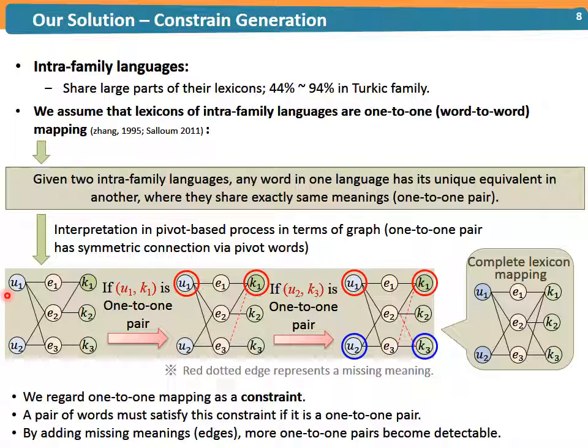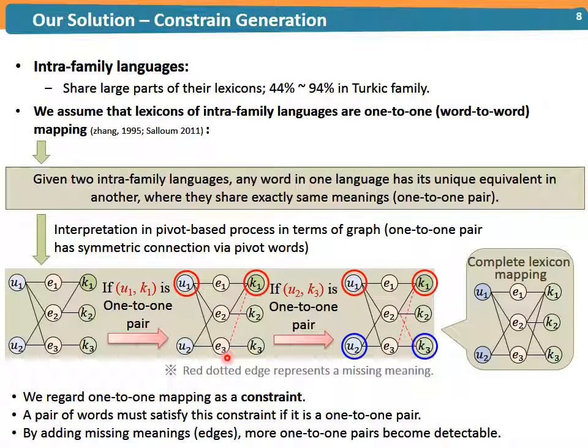For example, in this pivot graph, if U1 and K1 are a one-to-one pair, then we can say that the edge between K1 and E3 is possibly missing, because there should be a symmetric connection between U1 and K1, but actually one edge is possibly missing.